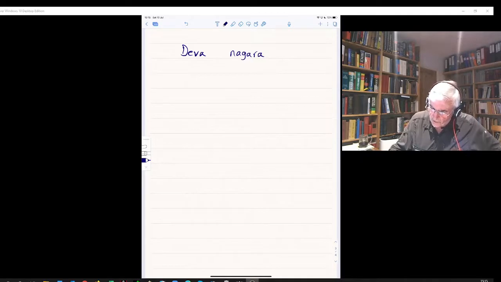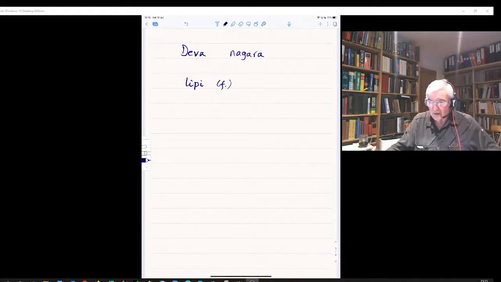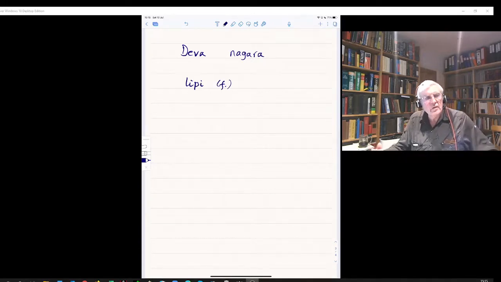Now the word for script is lipi, which is a feminine noun. Nagara is a neuter noun. Nagaram is a noun meaning city. You can make an adjective out of it, like from the Latin urbs, city, we have urban, meaning of the city.